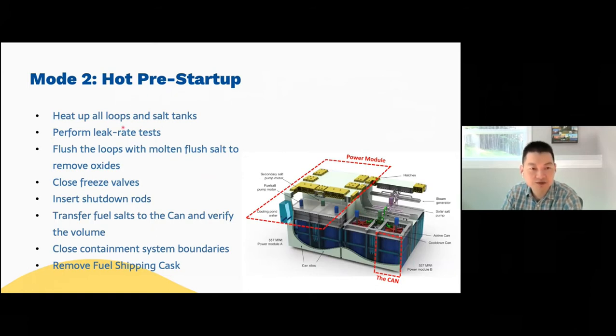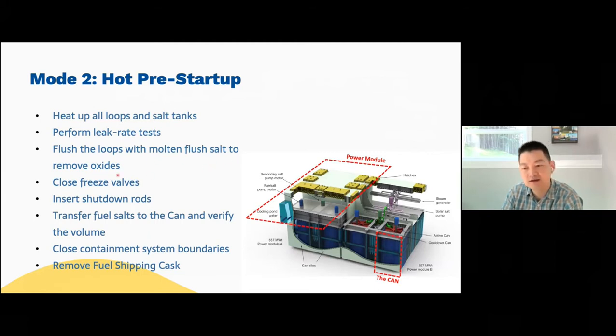In this mode, we heat up all loops and salt tanks to a temperature above the liquidus temperature of the salt, so make sure the salt is melted. And then at that temperature, we have to perform the leak rate test, to make sure the containment boundary is functioning. And then we flush the loops with molten flush salt to remove oxide.